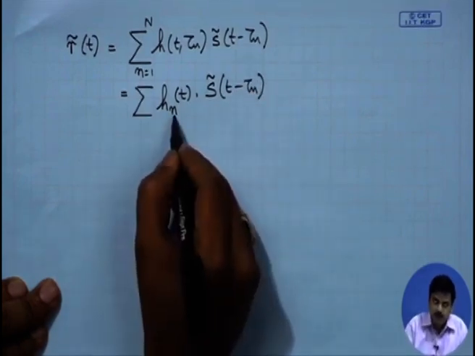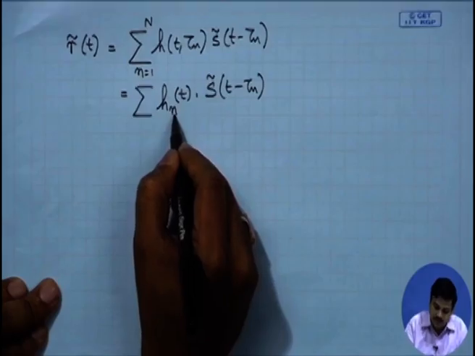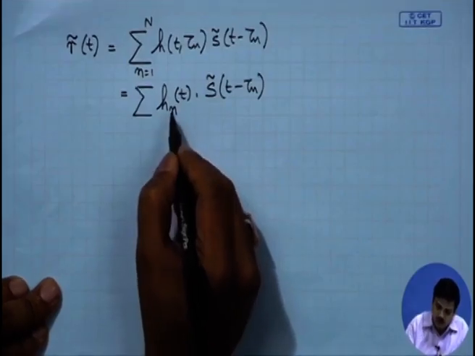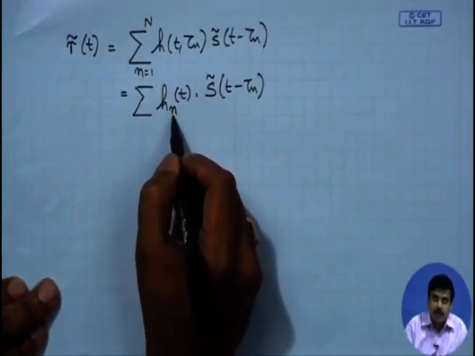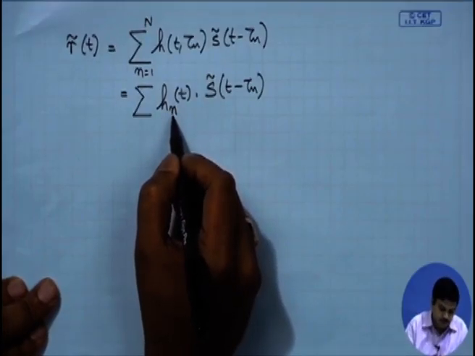The n gets reflected in the phase, where you have f c tau n. So tau is getting multiplied; in that case, we are suffixing n to indicate the nth path.